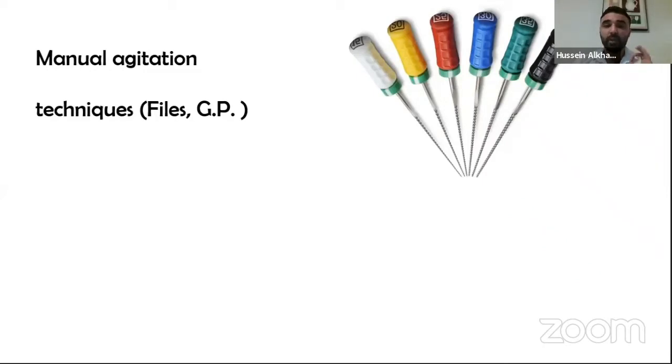This method showed a low effect and may cause iatrogenic errors, especially if we use endodontic files, which may end up with ledge formation, perforation, strip perforation, so we should avoid using this method.